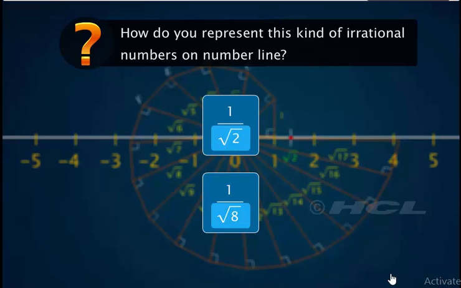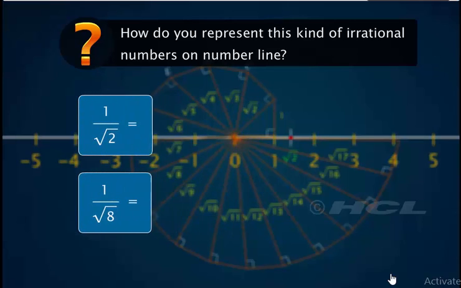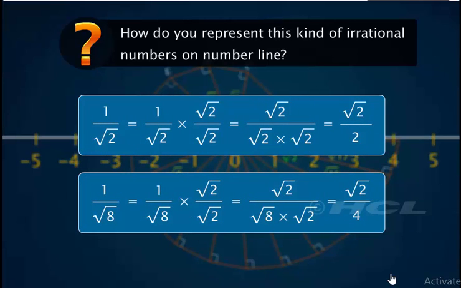Well, we can make the denominators of such numbers rational by multiplying and dividing them by a suitable irrational number, and hence we can represent them on the number line.